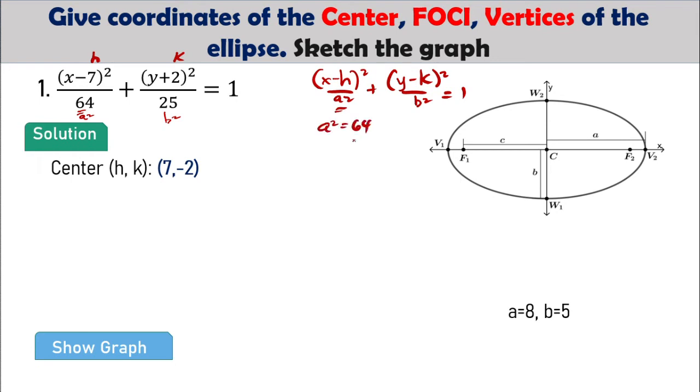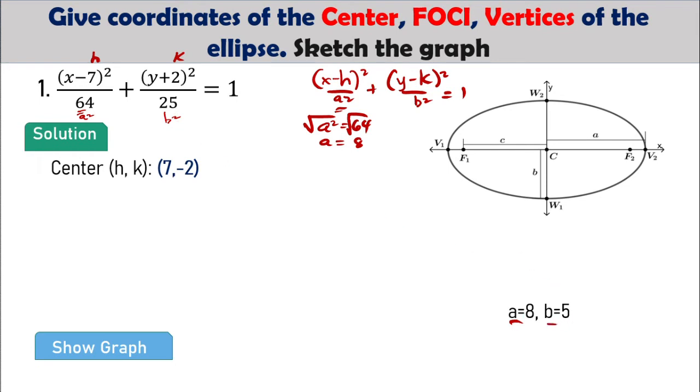So, kung kukunin natin yung a lang, kukunin natin yung square root niya. So, a is equal to 8. That's why nilagay ko dito is a is equal to 8. So, yung b squared naman is 25. So, yung b naman, syempre, is 5.